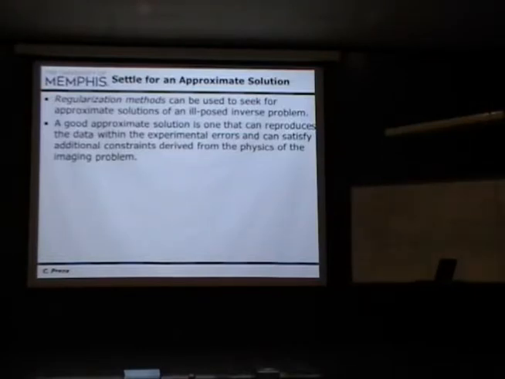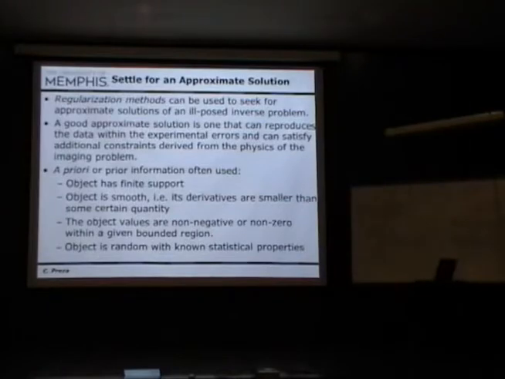And it also satisfies other constraints that are known about the physics of my imaging problem. So what are these constraints? For example, I may know that my object has a finite support, in other words, it doesn't extend forever. I'm looking at a cell that's about 10 micrometers wide and 20 micrometers in thickness. Or my object is smooth, right?